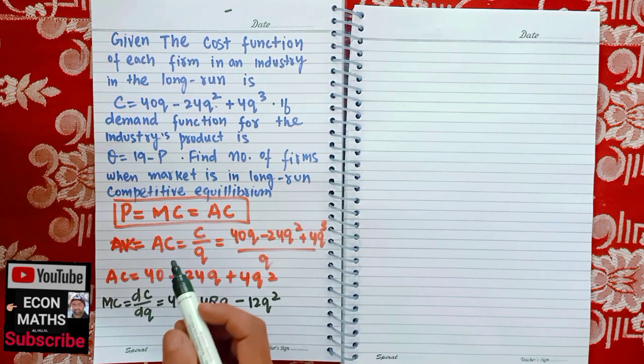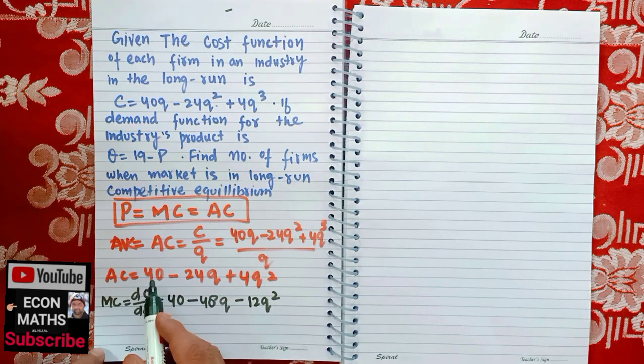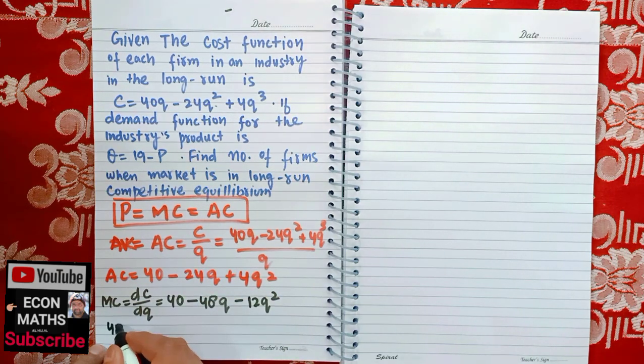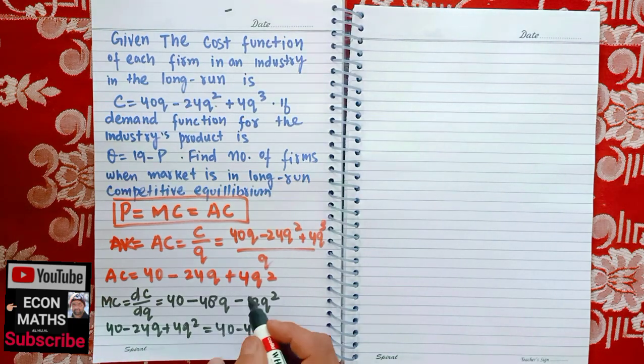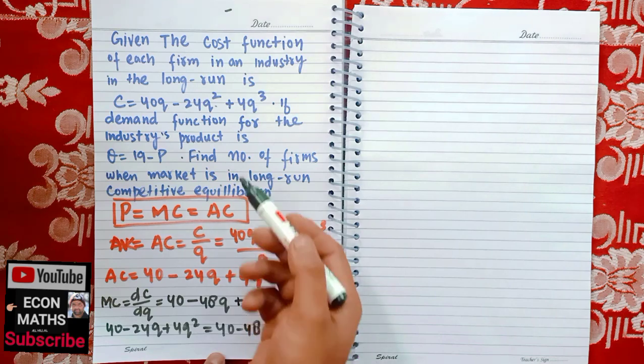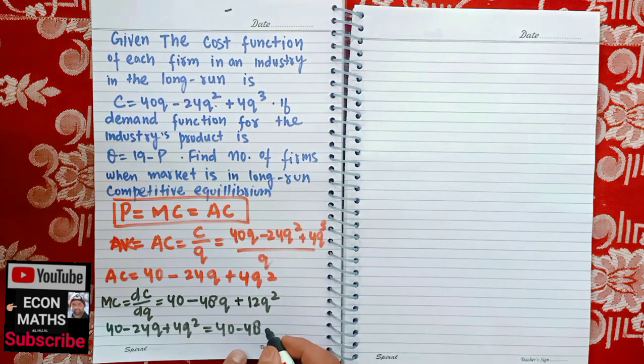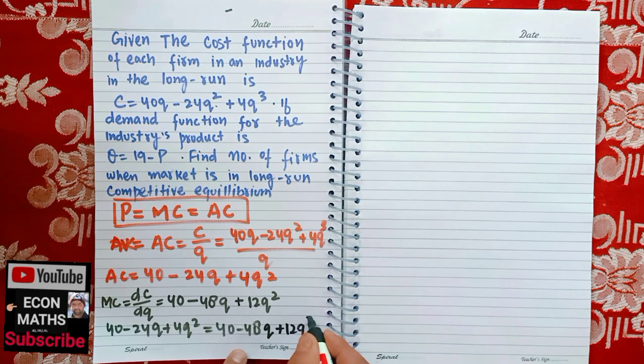Now we equate marginal cost with average cost: 40 - 24Q + 4Q² = 40 - 48Q + 12Q². I will show it graphically also, but first let me solve it.